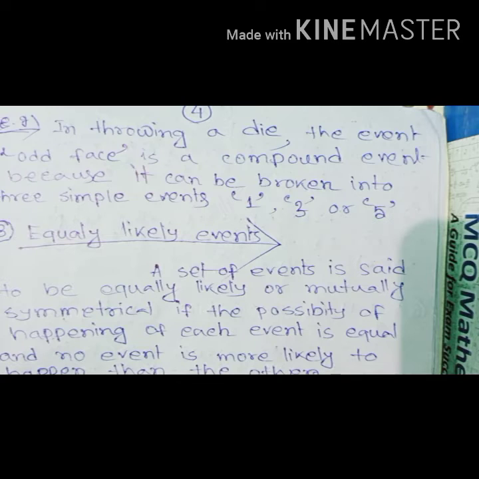Which are the parts? Odd face means you could have 1, 3 or 5, any of the 3. So an odd face is a compound event, which means it can be divided or decomposed into small simple events.